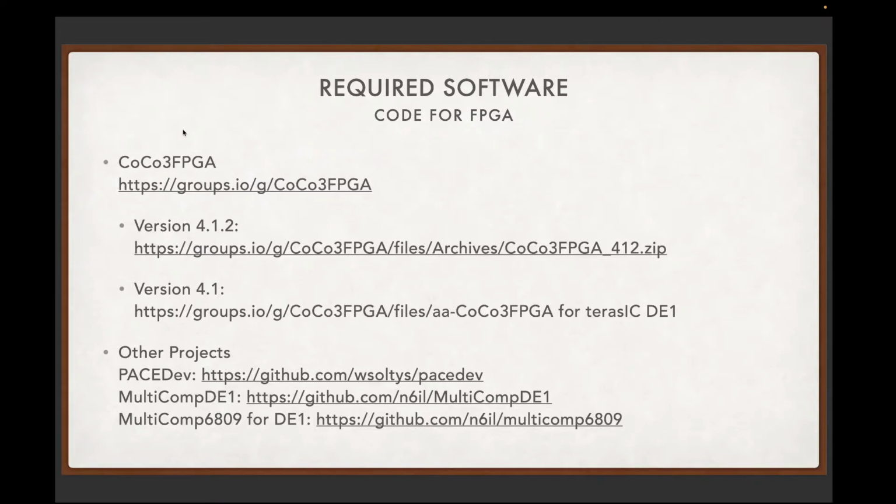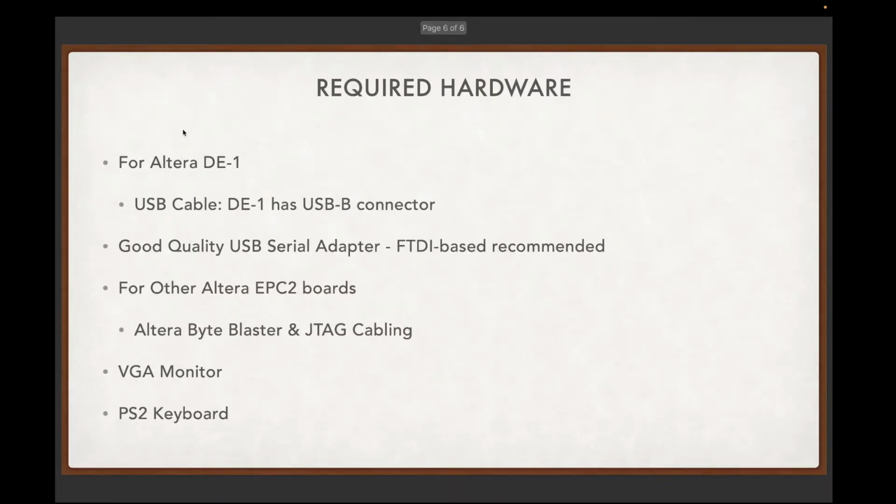There's also a MultiComp, which is pretty interesting. So there's a lot of different things that you can actually run on these older boards. It's not going to be as slick and as easy as using a MiSTer will be, but it's out there. Okay, now the required hardware.